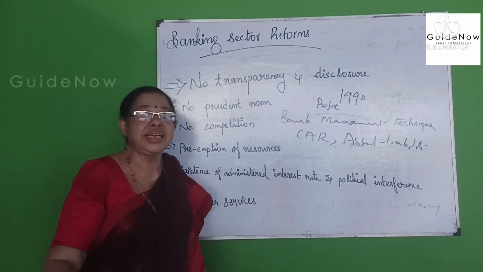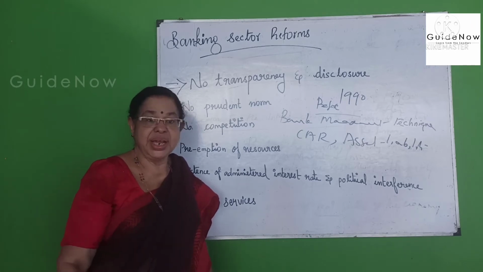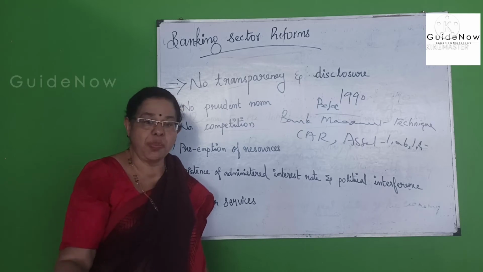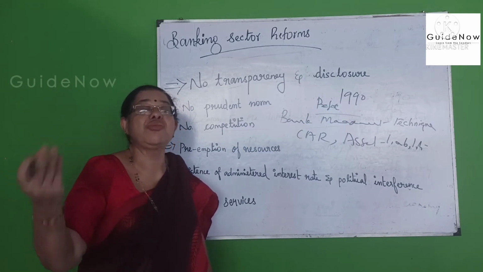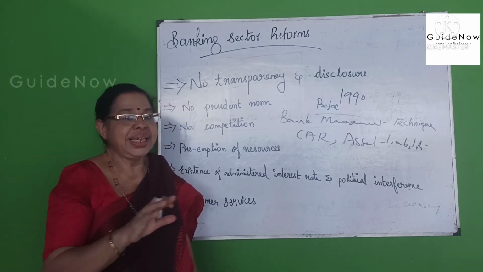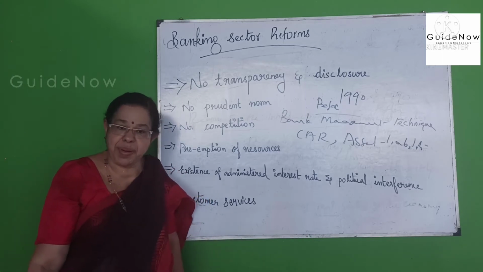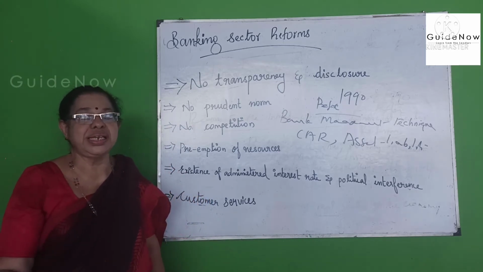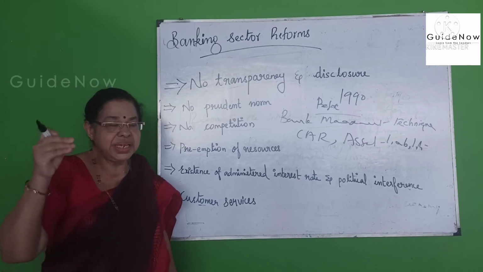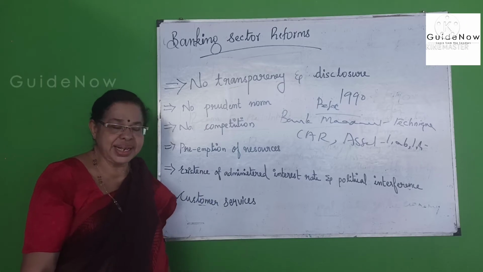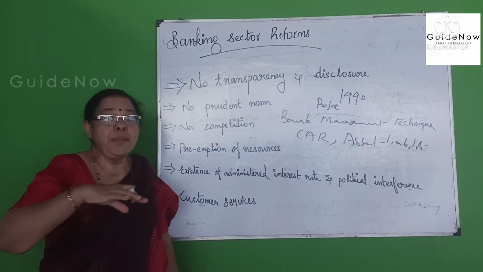During or before 91, banks were not open even at the domestic and foreign level, and the entry of new banks was restricted. If you increase the number of banks, this may automatically increase competition, but it was restricted.